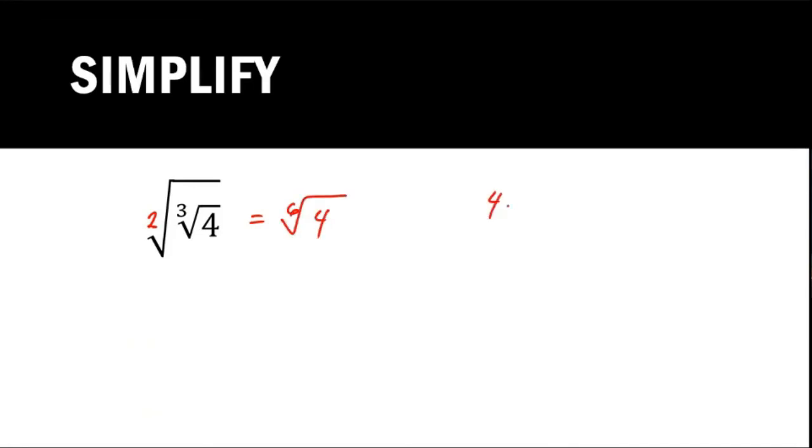And 4 is also equal to 2 squared. So I can change it with the sixth root of 2 squared. Since we need to reduce the index to the smallest possible index, the common factor is 2. 2 divided by 2 is 1. 6 divided by 2 is 3. So that is the cube root of 2.